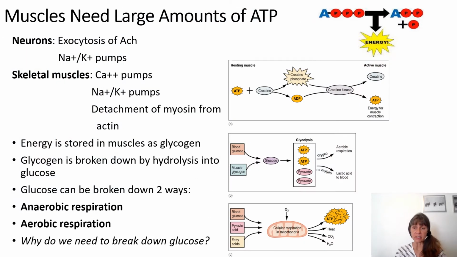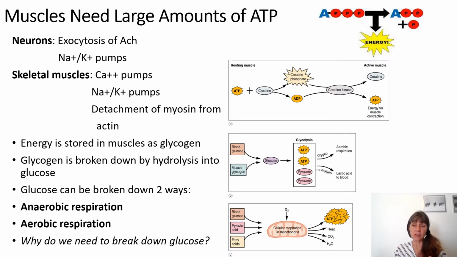We know that muscles need huge amounts of adenosine triphosphate, and we also know that neurons require adenosine triphosphate. The process of releasing acetylcholine into the synaptic cleft by moving synaptic vesicles so their membranes fuse with the membrane of the synaptic end bulb requires energy in the form of adenosine triphosphate.